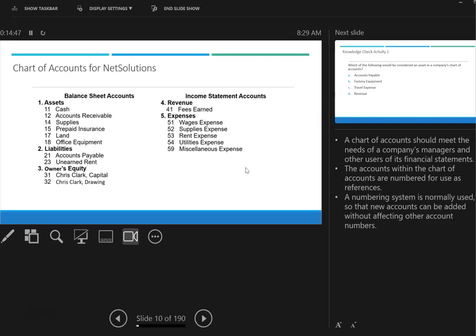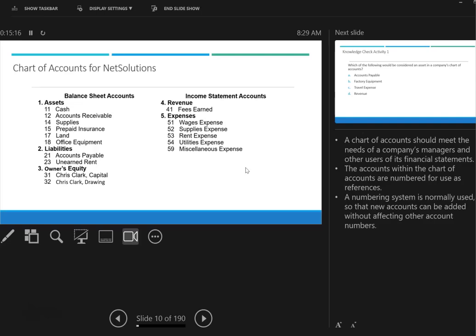For Net Solutions, they have two liabilities. One is a payable called accounts payable. One is called unearned rent. And remember I told you there will be one liability that doesn't have the word payable after it? Here it is. The word unearned means we haven't earned it yet.